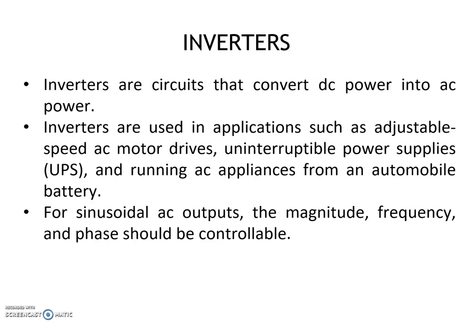In previous modules, we already discussed different types of rectifiers, the phase controlled rectifier. At that time, we studied that if we vary the firing angle alpha greater than 90 degrees, we can use this rectifier in its inversion mode.